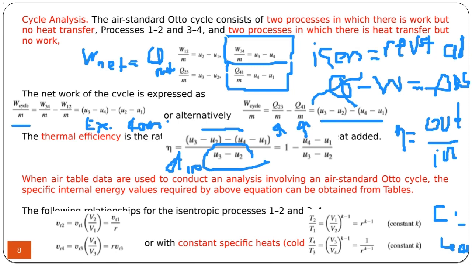And the same thing can be done for the air standard, in which we have to use the air table. So here we need to get values from the air table for isentropic cases. So this one is for air standard, in which we assume that specific heats are variable, so that we have to use the air table. And this is the compression, and this one is the expansion.